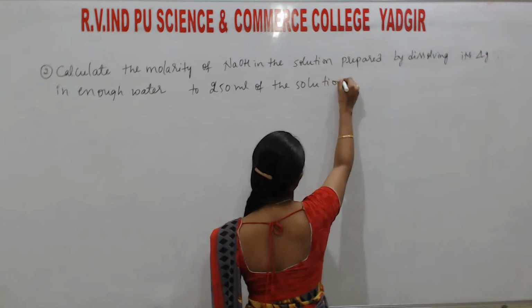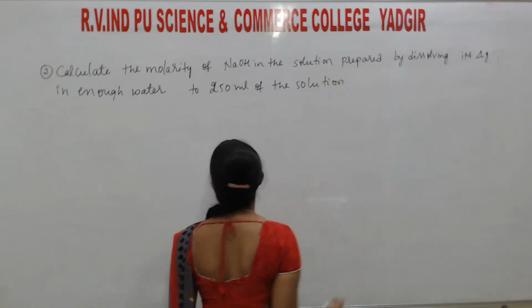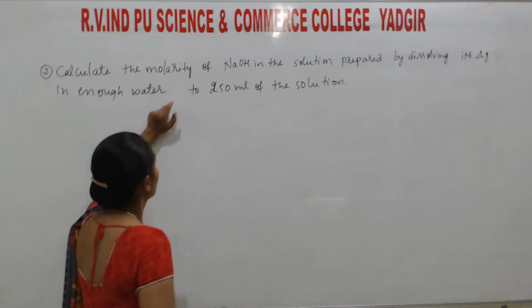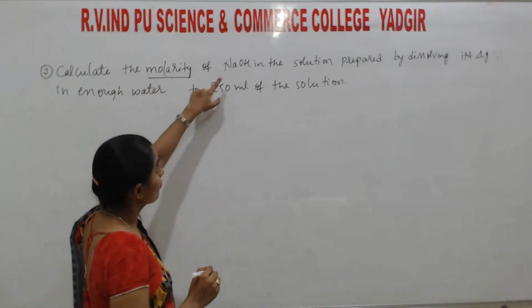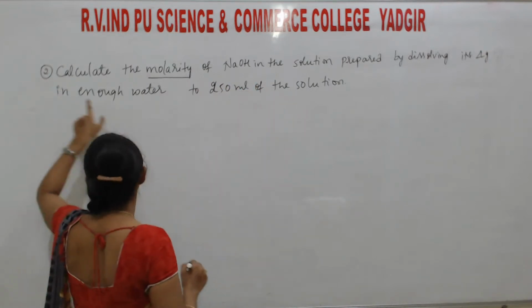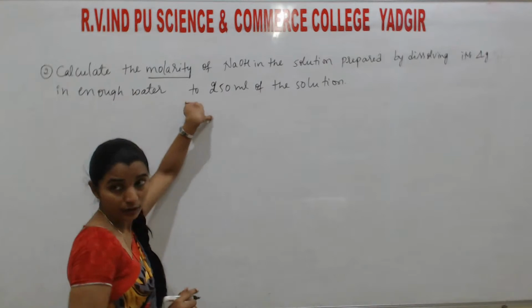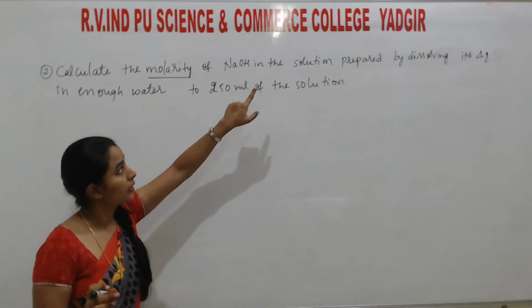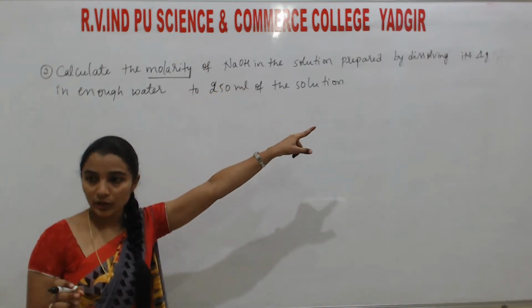This is the question. They are asking to calculate the molarity of NaOH in the solution prepared by dissolving 4 gram in enough water. Here water is the solvent given in ml and NaOH is the solute given in gram.